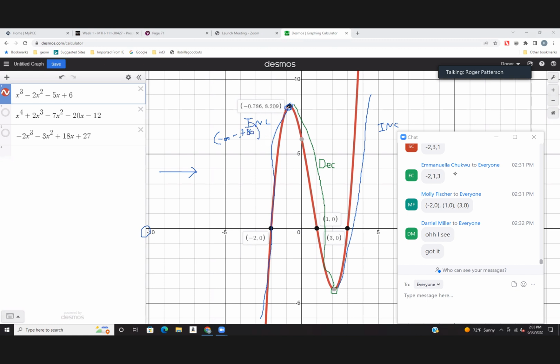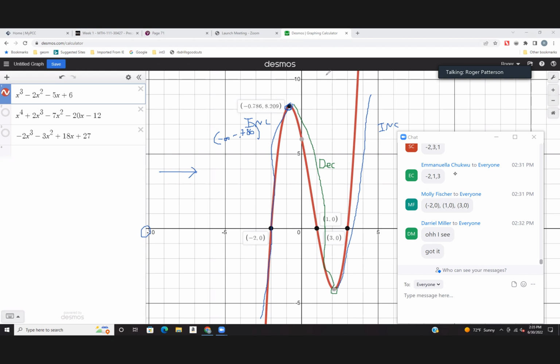Because remember, right at that particular point, it's flat. There's nothing happening there. You're going up, and then it hits that one particular instant in time, and then it falls. So that's how we write it as an interval.